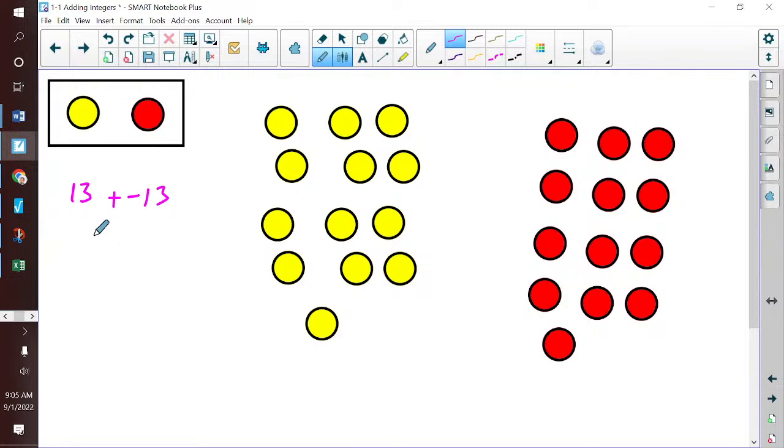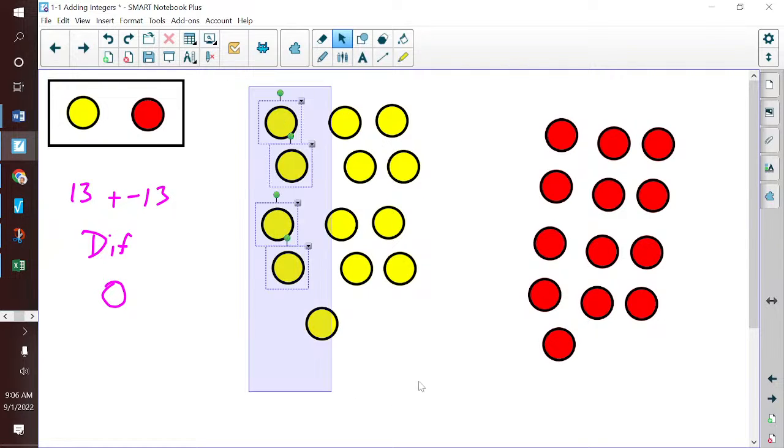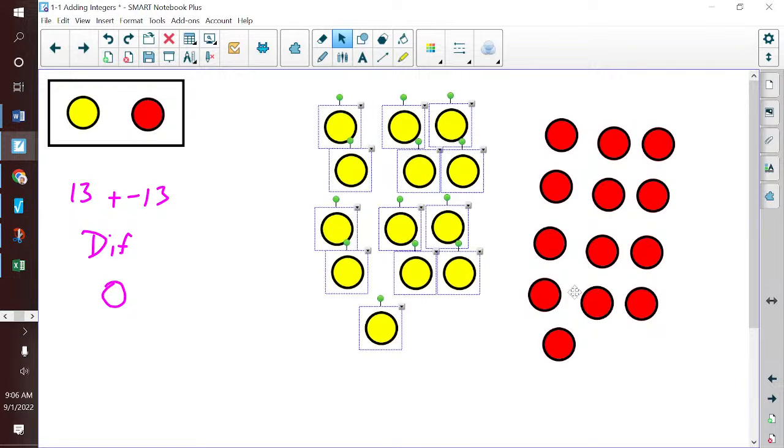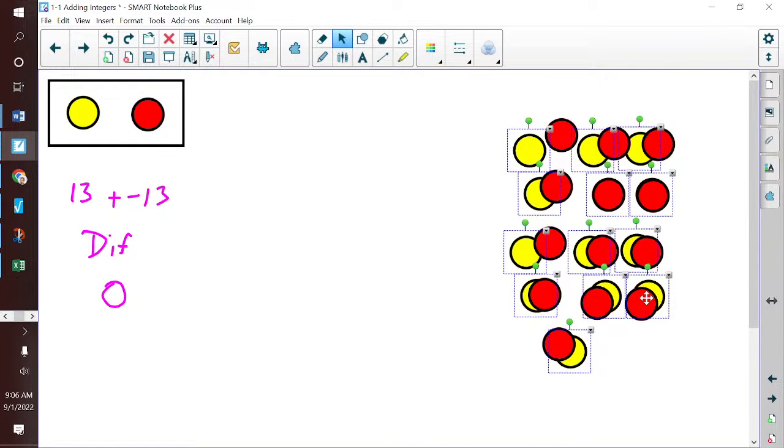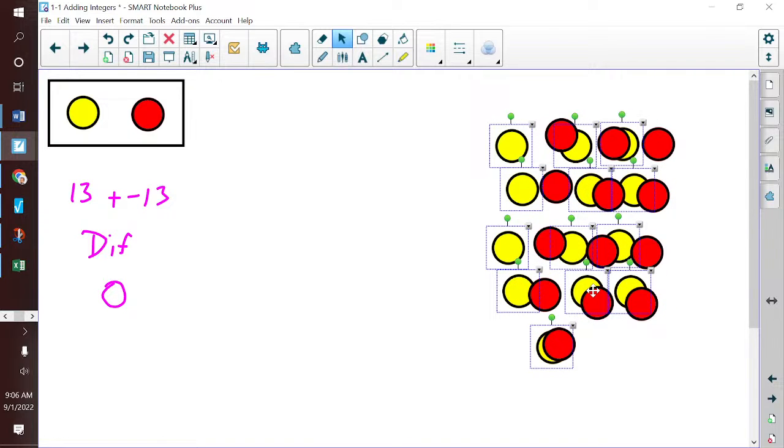And we're adding them together, and these have different signs. And so that gives us 0, because when we move all these over, each one has a match with the other color, and so because of that, we can say that the answer is 0. So this is the demonstration using some chips.